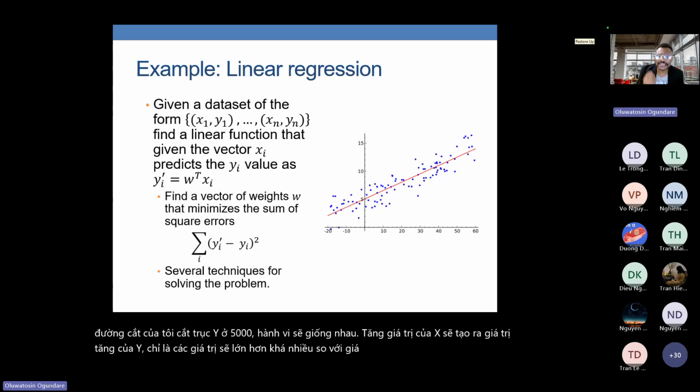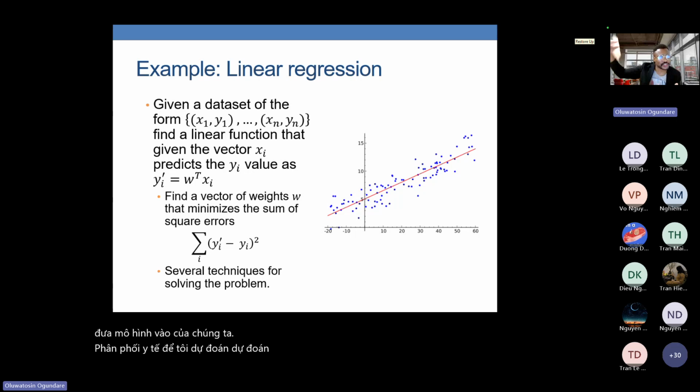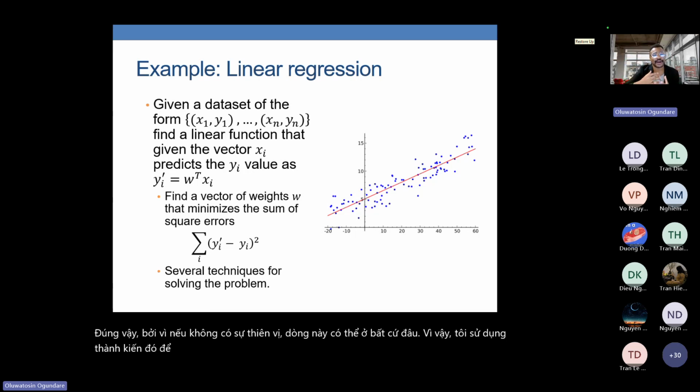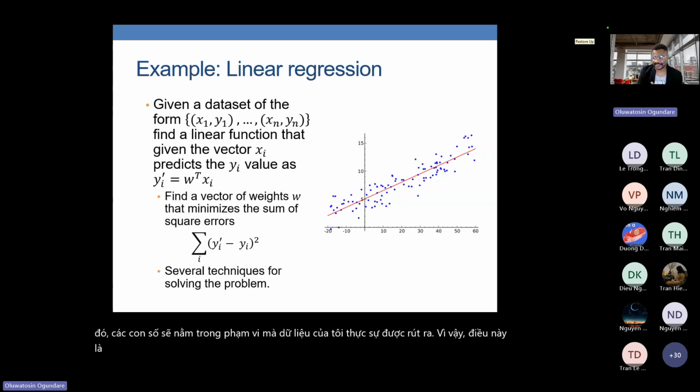So the point of the intercept, the point of the B, in this case the so-called bias, is to bring the model into our numerical distribution so that my prediction is drawing from the same range that my data is in, right? Because without the bias, this line could be anywhere. So I use that bias to move my model up and down so that when I predict something, the numbers would be in the range in which my data is actually drawn from. So this is the idea of this bias, which moves things up and down.